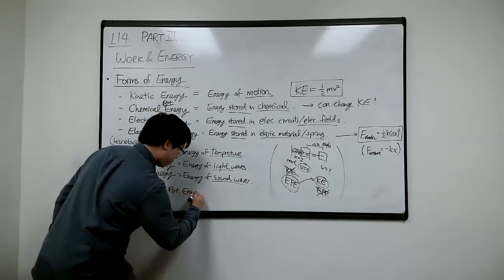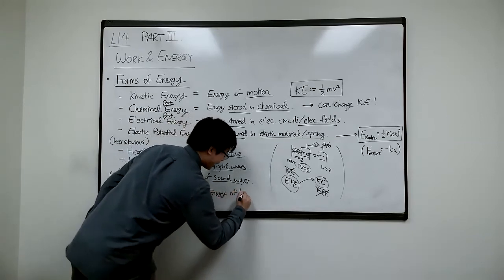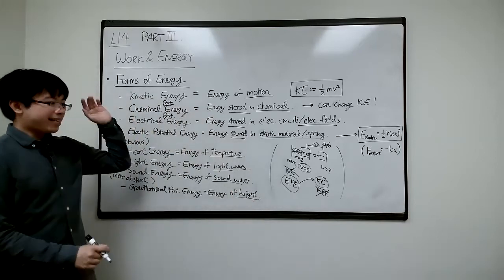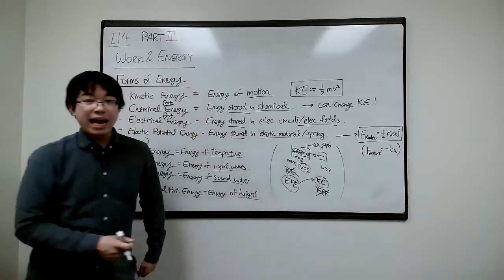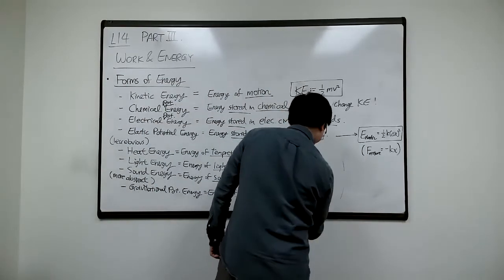Okay, another form of potential energy, and this is what I call energy of height. If the object is located at a given height, it will have gravitational potential energy, GPE.